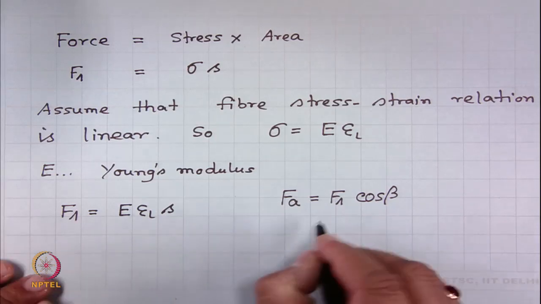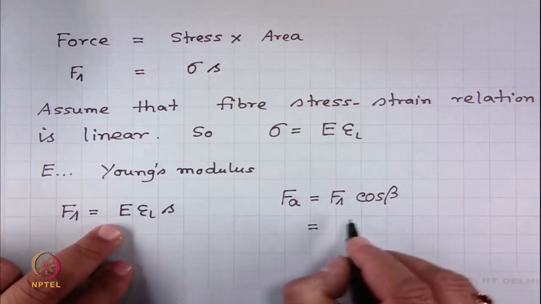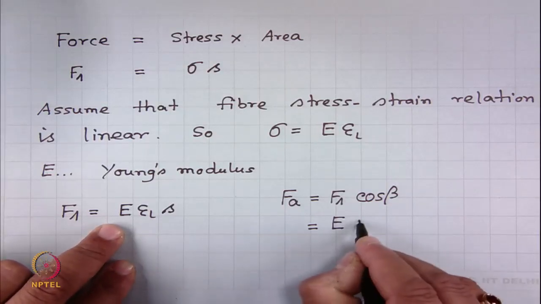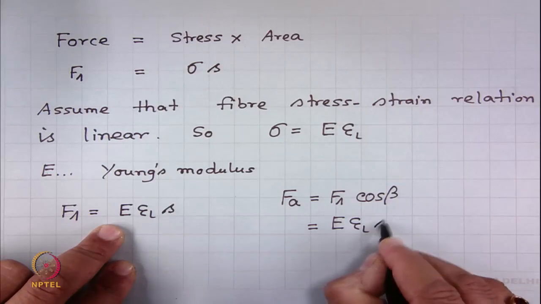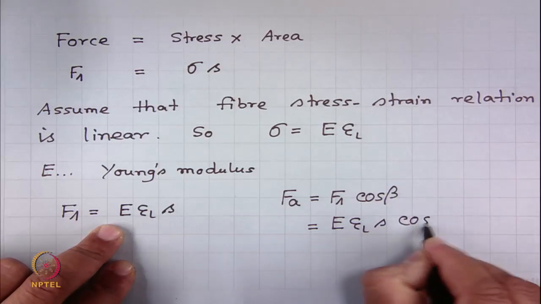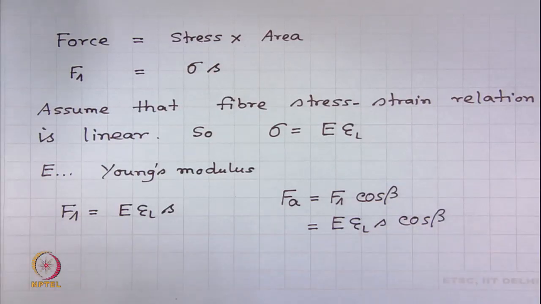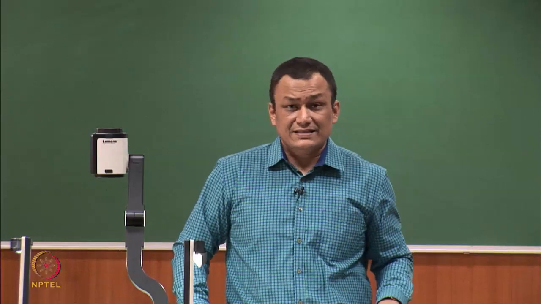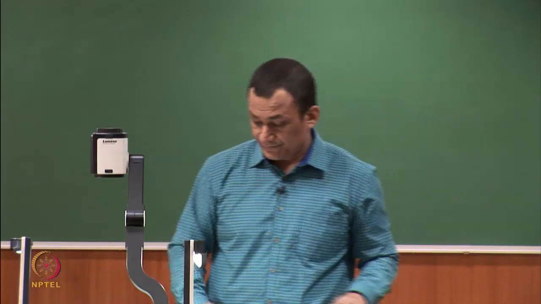Okay. So, what is F subscript A? F subscript A is, from here, Young's modulus, fiber strain, fiber cross section area into cos beta. Then what is the stress developed along the axial direction of yarn?